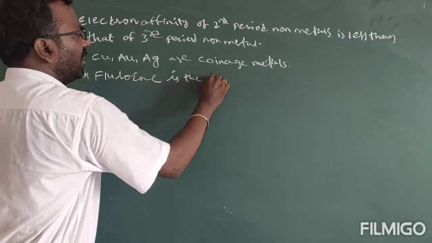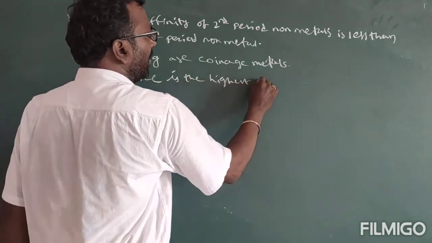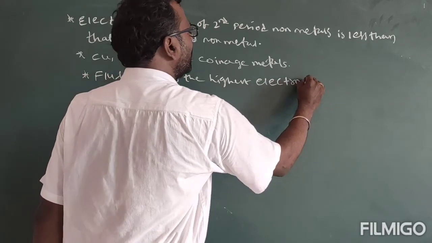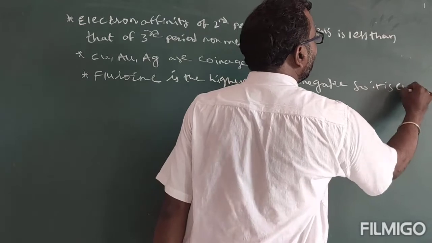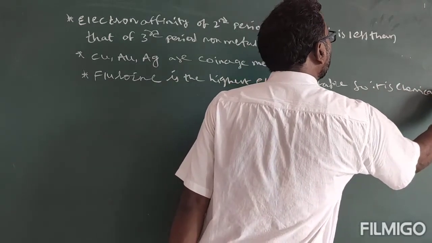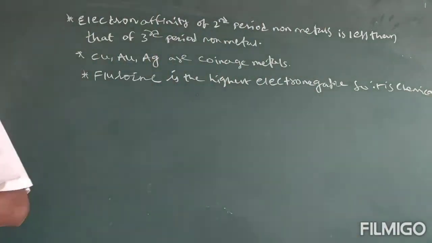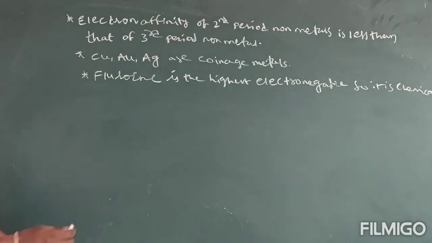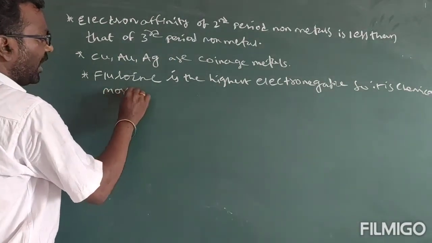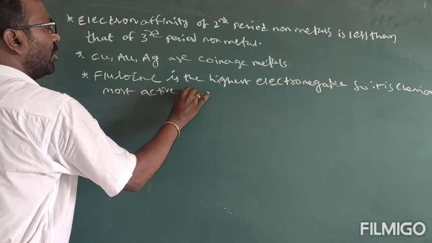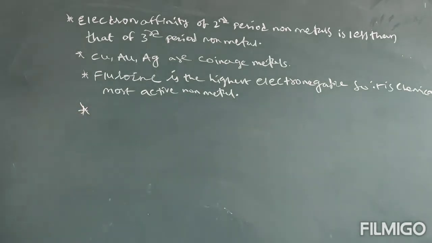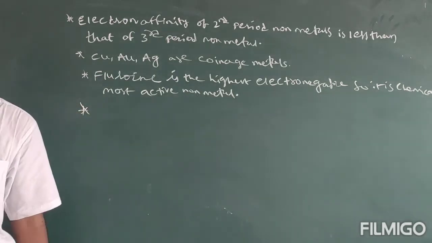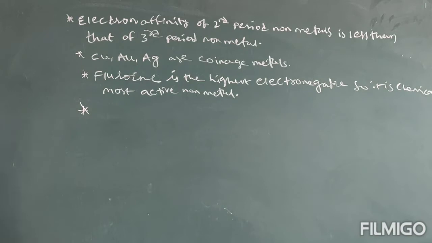So it is the chemically most active non-metal. Is it or not? Fluorine is the highest electronegative, and so it is chemically the most active non-metal.